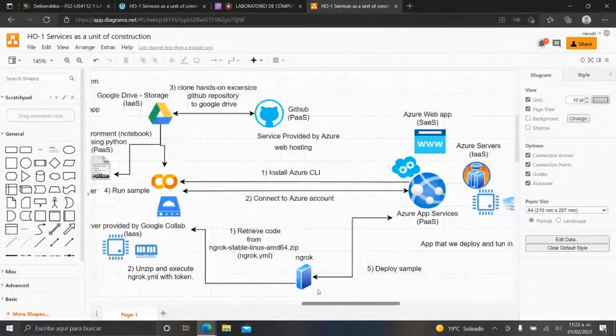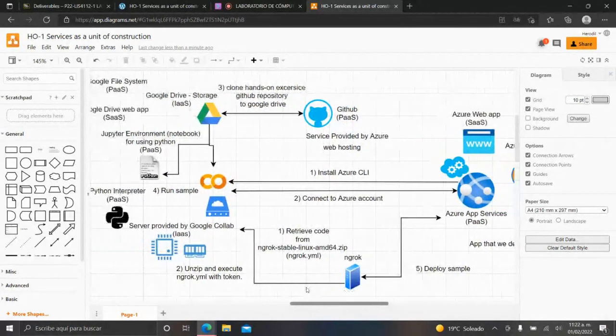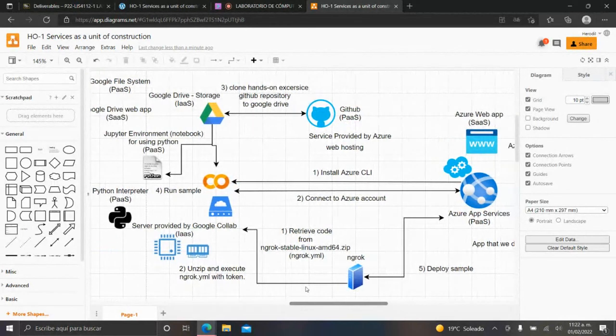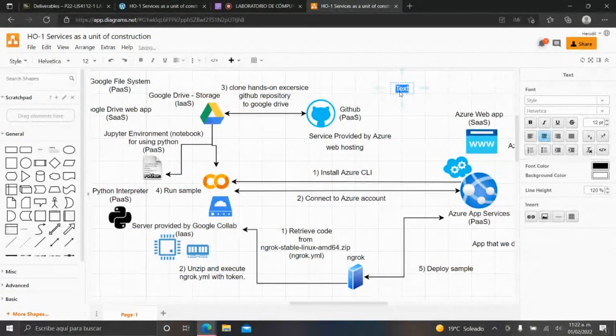So you are going to load the sample, then make use of ngrok to prepare your URL, and then you execute the application. That will be another diagram? That will be another diagram. This is the functional architecture of the preparation of the environment. The next figure will be the functional architecture of the web application running on Google Colab.